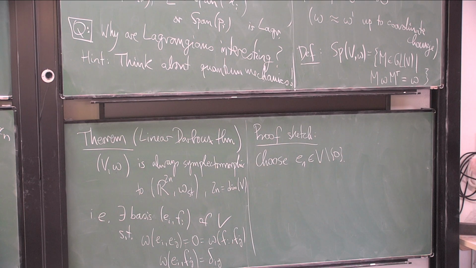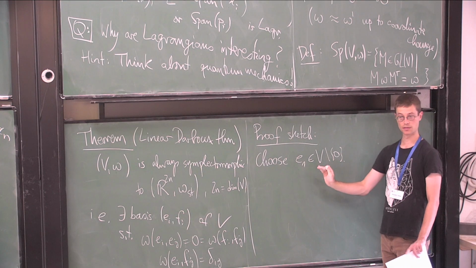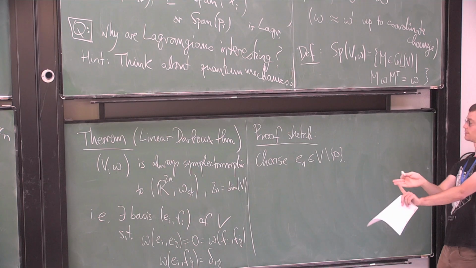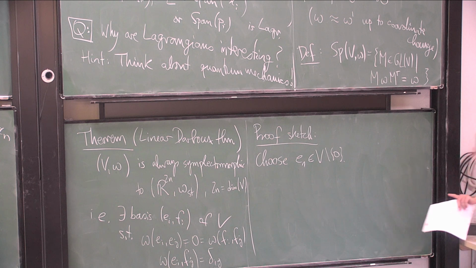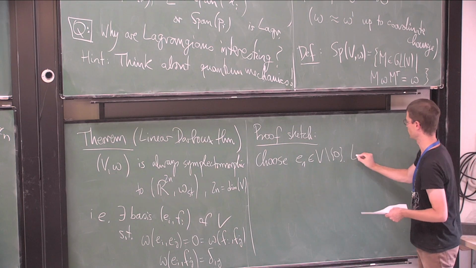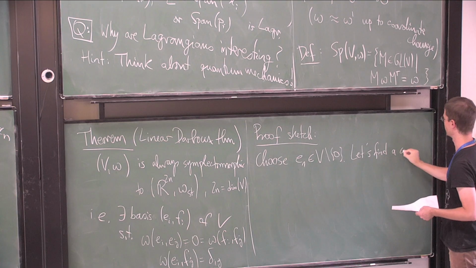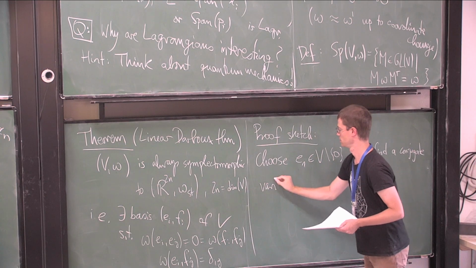I will do it step by step. I want to find one conjugate variable. Once I have done this, using the symplectic orthogonal, I can cut this two-dimensional space I found off from the rest, and then I can do some kind of induction. So let's find a conjugate variable f1 to e1.